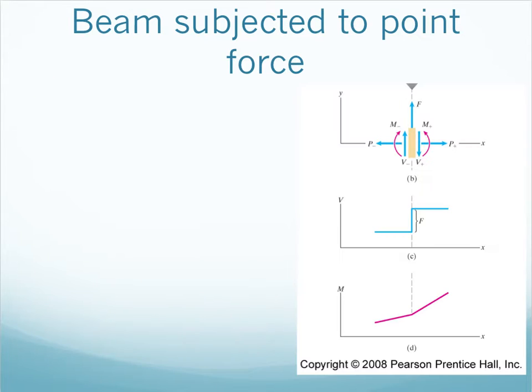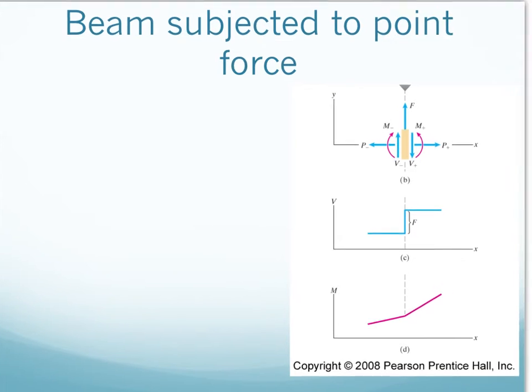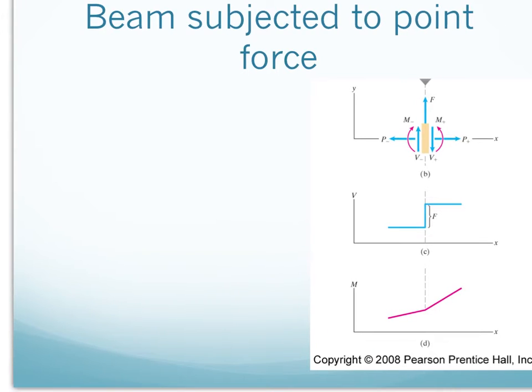So if we look at this picture here, this is a nice demo because we had a force, it was vertical, and it had a magnitude of F, and so what we found was the shear force diagram had a value before we hit the force, and then the discontinuity in the shear force diagram was equal to the magnitude and the direction of the applied force.